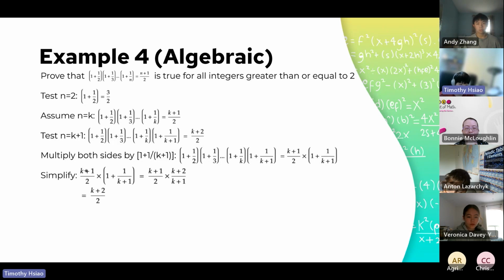So we get (k + 1)/2 times (1 + 1/(k + 1)) is equal to (k + 1)/2 times (k + 2)/(k + 1). The k + 1 cancel out, which gives us (k + 2)/2. And you can see that this matches our statement for n equals k + 1, which is (k + 2)/2. So that basically means that this is true.